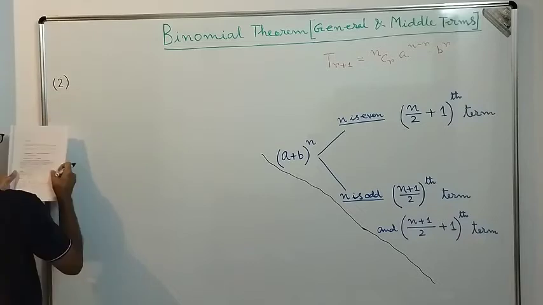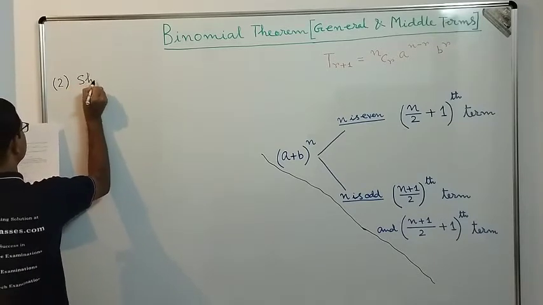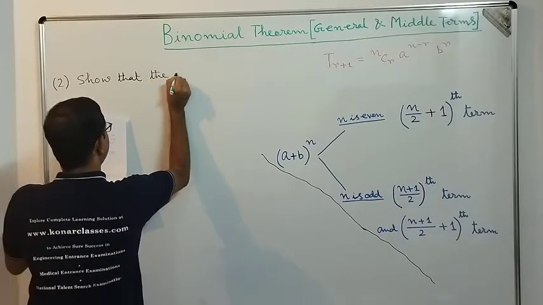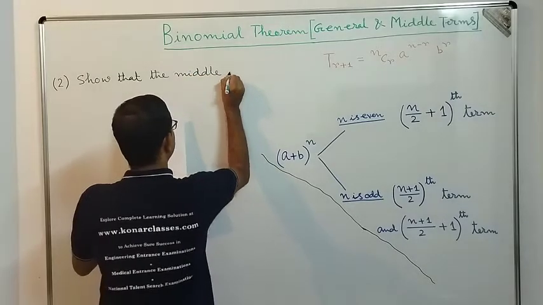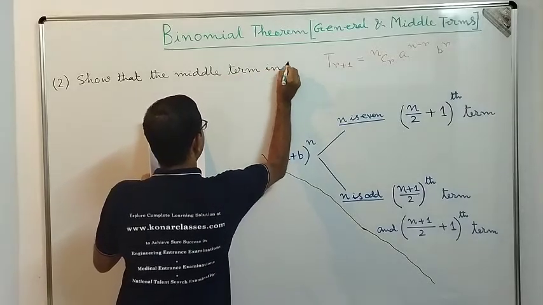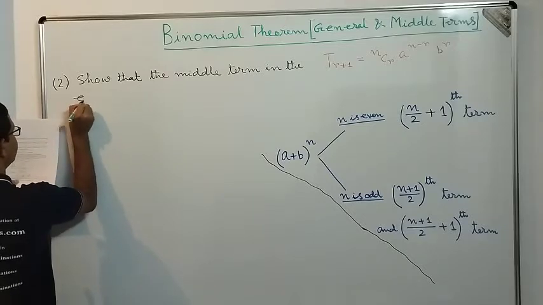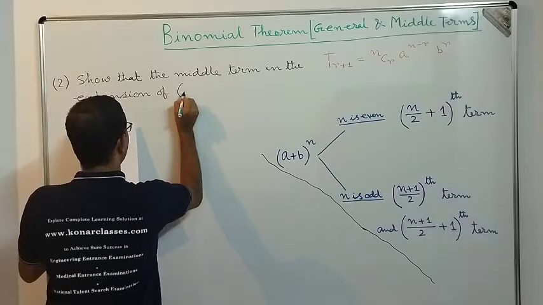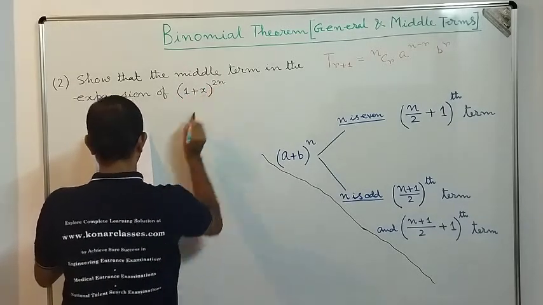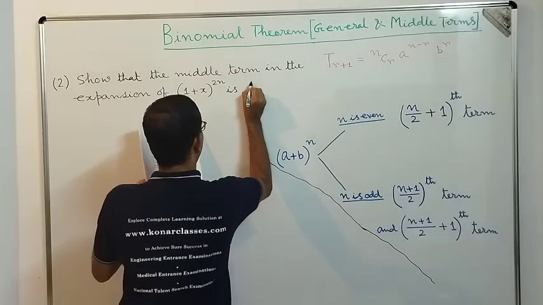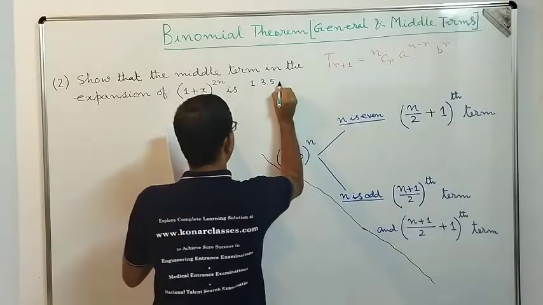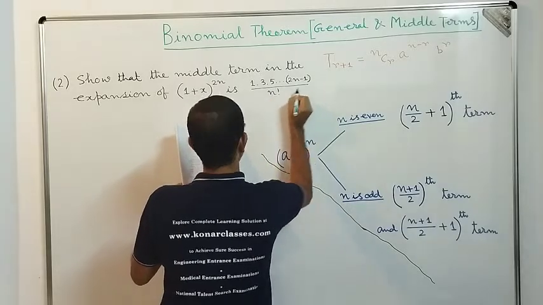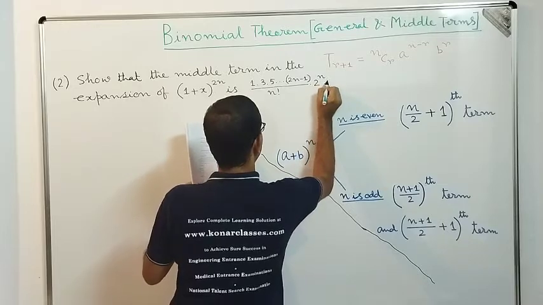The second question is, so that the middle term in the expansion of (1 + x)^(2n) is 1 into 3 into 5, in that way it will continue till (2n minus 1) divided by n factorial, into 2 to the power n into x to the power n.